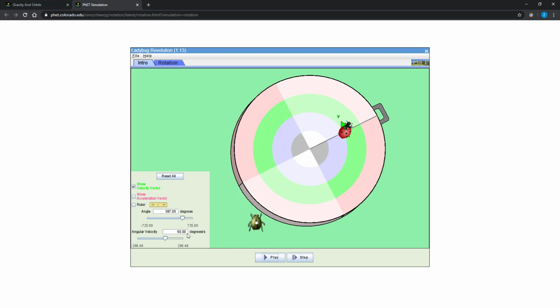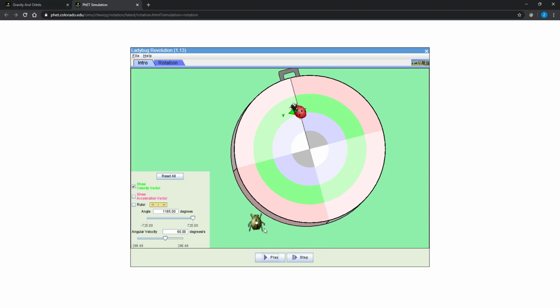So this is what the angular velocity means: how much angle, in degrees for example, or in radians, you're covering per second. If you have a constant angular velocity, you're rotating at a constant rate, and at the same time, if you're on a circular path, you will have a constant velocity magnitude, but the direction keeps changing.